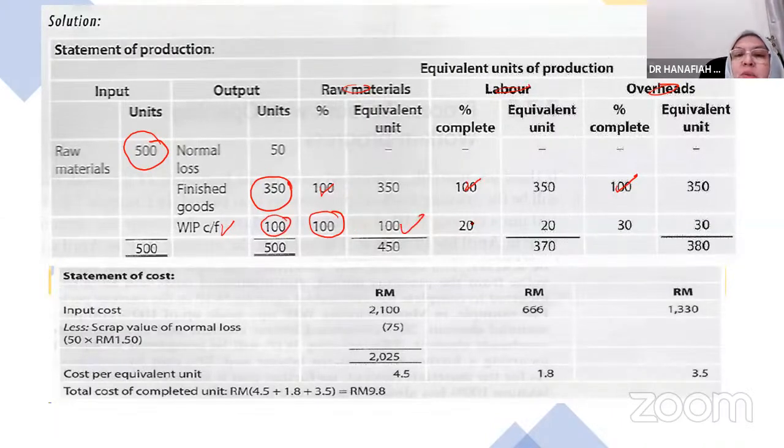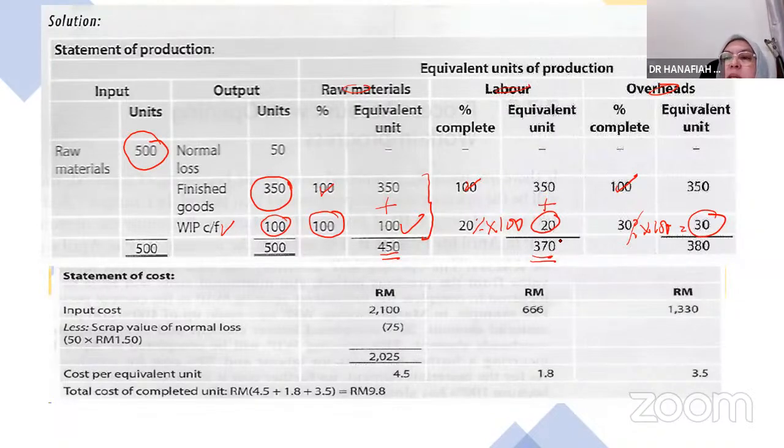However, for labor, 20% times 100 is 20, and 30% times 100 is 30. In total, the equivalent unit for raw material is 350 plus 100, which is 450. 350 plus 20 is 370, and 350 plus 30 is 380.